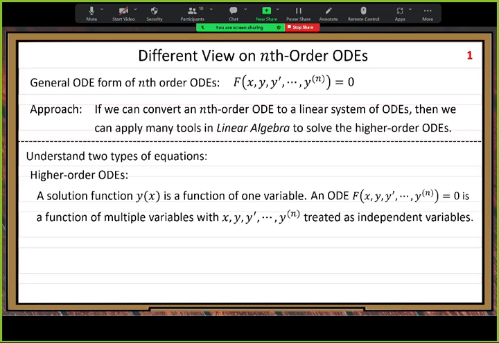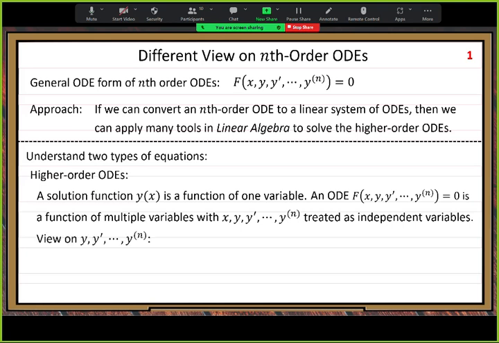But when we look at the structure of this capital F function, we can treat them as independent variables, although they have some correlation among them.